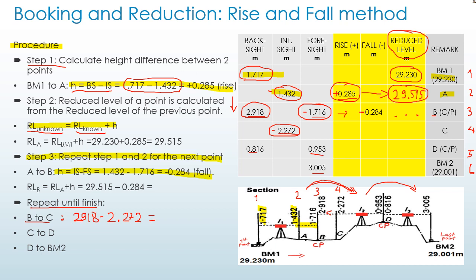You check that result. So we then write the results in here. And then calculate the reduced level from the known elevation of the previous point, plus the rise or minus the fall in this situation. So that's the process. We're going to see the whole results in the next slide.